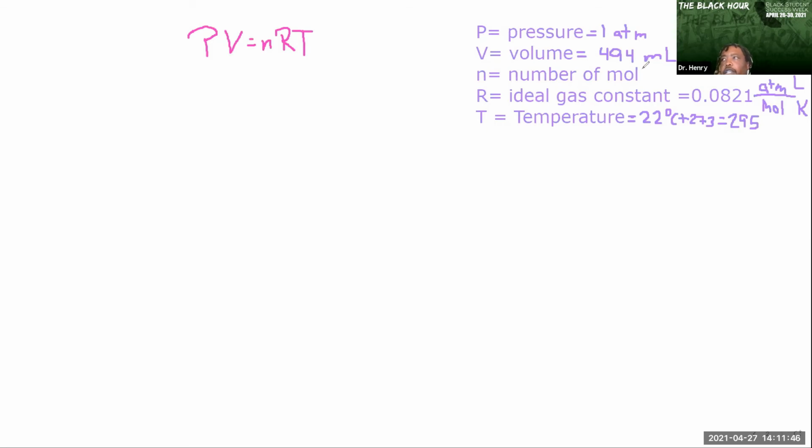So we have to convert that to liters. How do I convert 494 into liters? I divide it by 1,000. That would be 0.494 liters.